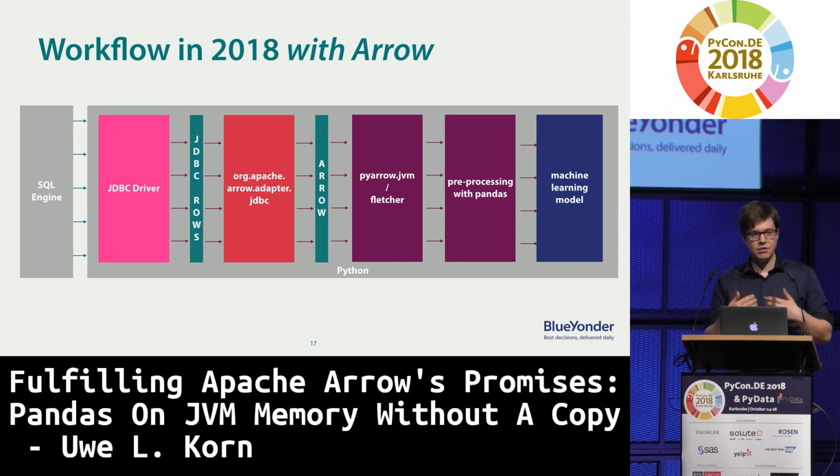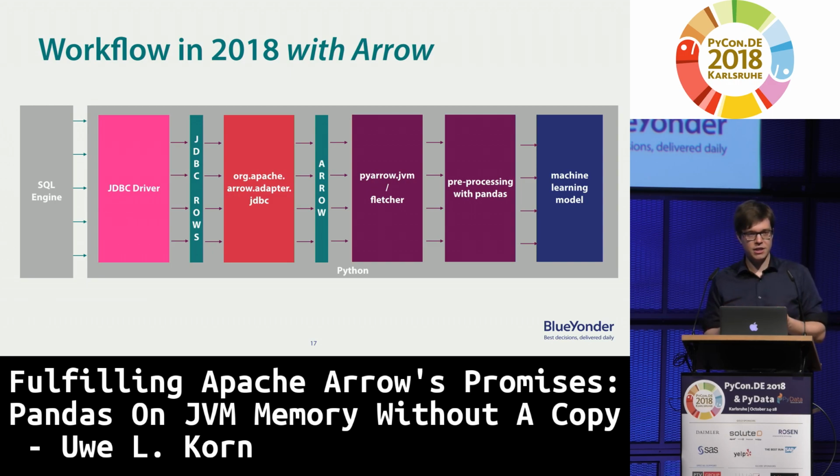The JDBC driver talks to my engine, gets the data, sadly still converts to JDBC rows. But then I have an Arrow converter which converts the rows with a single copy to Arrow. The Arrow memory is allocated in Java, referenced in Java, but is passed over the language boundary just by the metadata and the memory addresses. And then referenced also by Python.